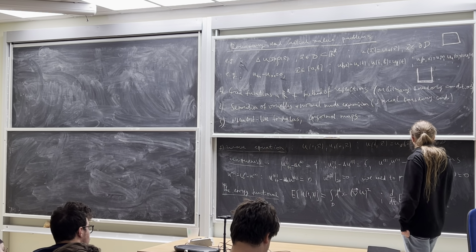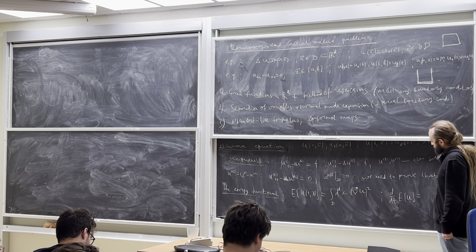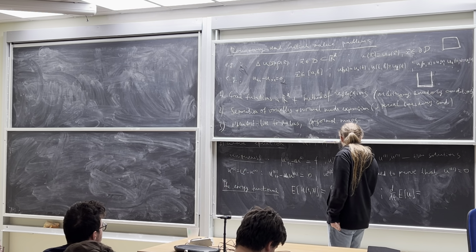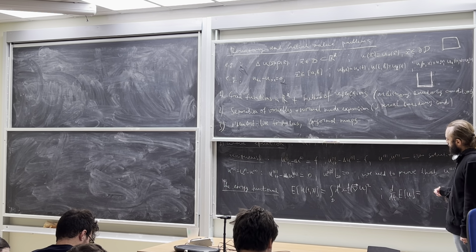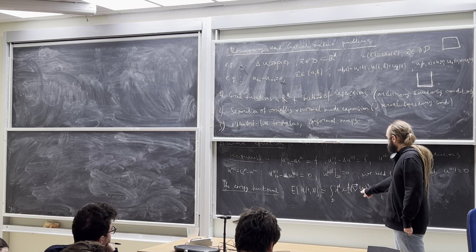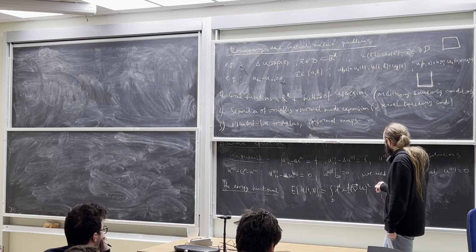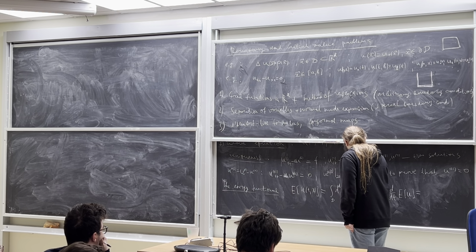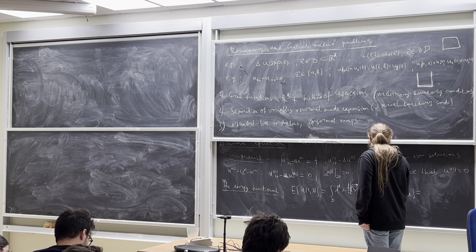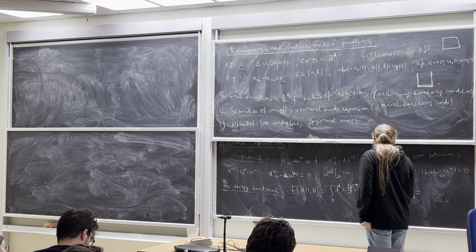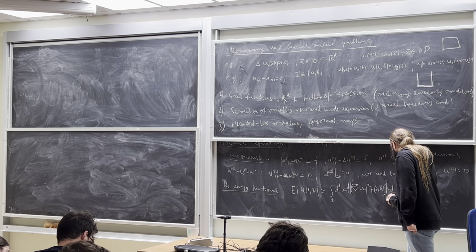Maybe it's better to put here 1/2, because usually energy is defined in this way. So we differentiate this expression under the integral and use, sorry, I forgot the most essential part, ut squared.